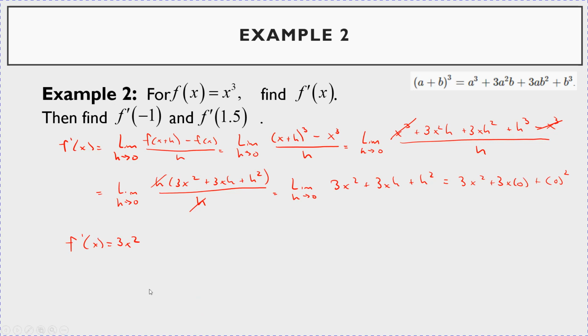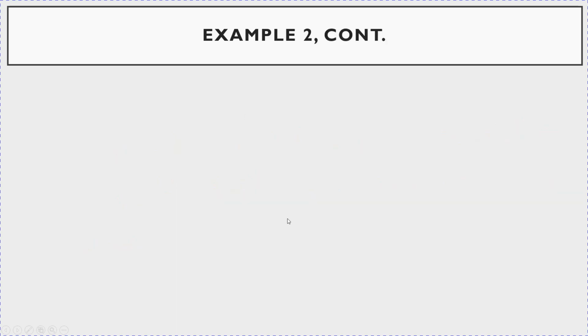Then what we want to do is find the slope of the tangent line at -1 and at 1.5. Again, just recall f prime of x is equal to 3x squared. So the slope of the tangent line to this graph at -1 is equal to 3 times -1 squared.